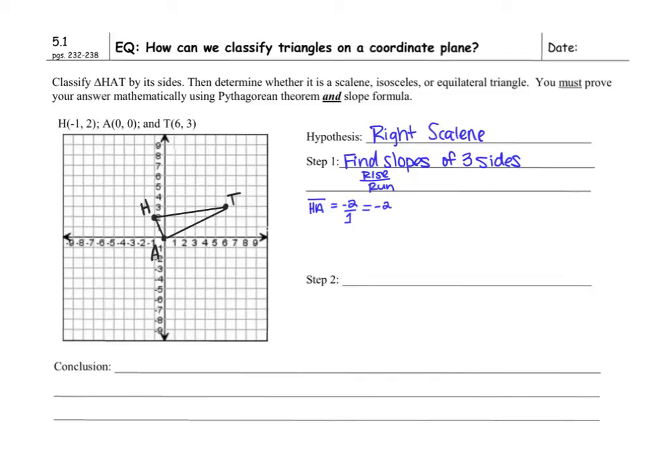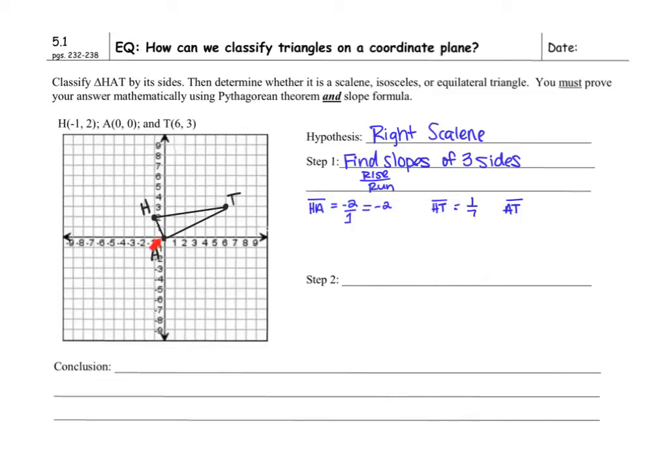Now I'm going to find the slope of segment HT. If I start at H, I would go up 1 and then over 1, 2, 3, 4, 5, 6, 7. Because I went up and right, segment HT has a slope of 1/7. Now segment AT.